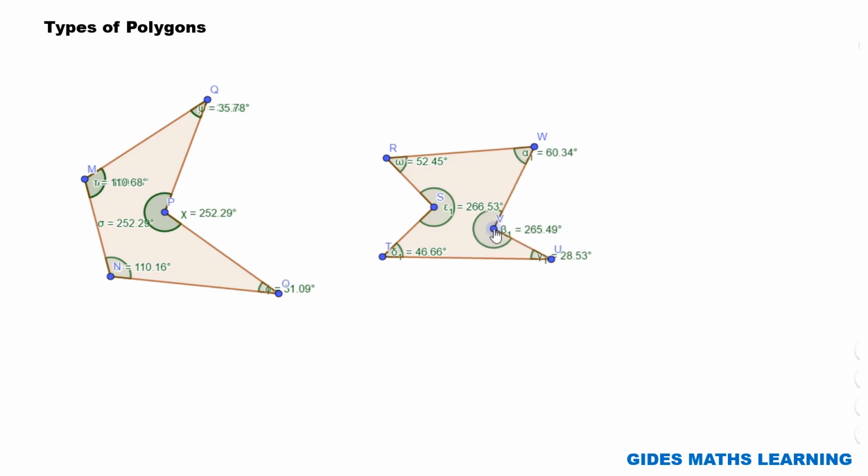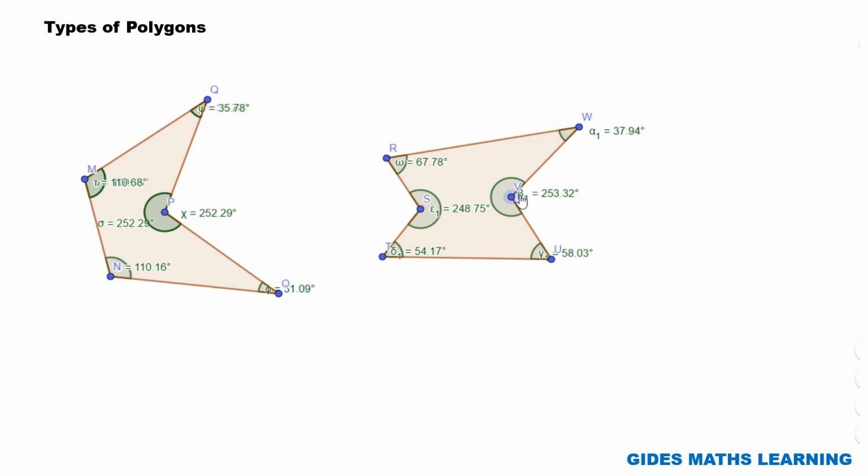We can also alter this so that this also has an interior angle of 253. The emphasis is if at least one of the interior angles is more than 180 degrees, then such polygons are concave polygons. Now let's look at the diagonals.